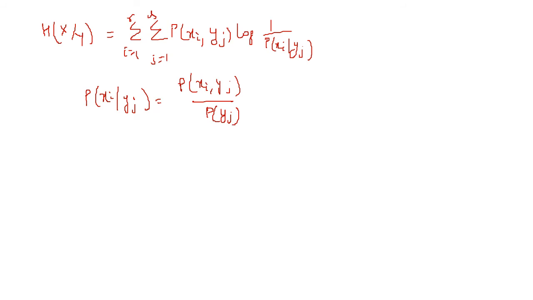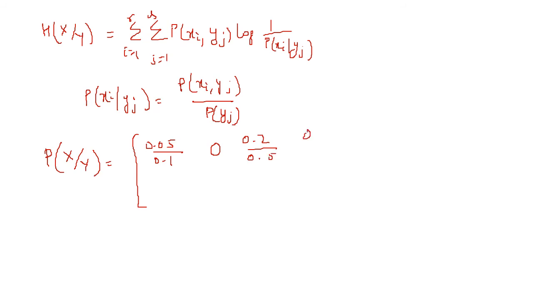That is, the joint probability elements are divided by P of yj. So we can construct the matrix P of X by Y, dividing by P of y. We get 0.05 divided by 0.1. Then you have 0, the next element is 0.2 divided by P of y3, which is 0.5, and the last element is 0.05 divided by 0.25.